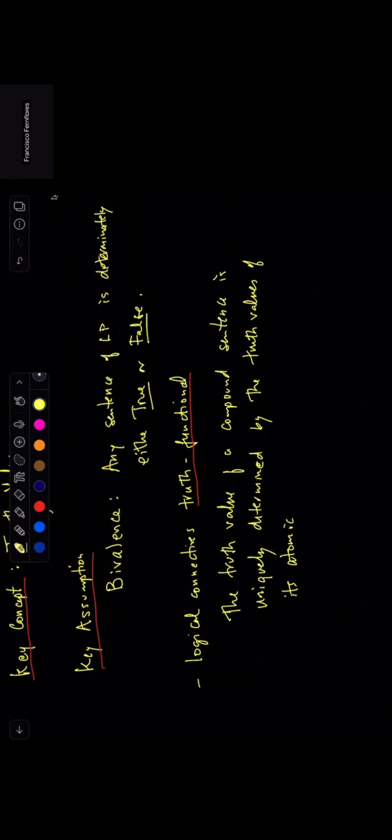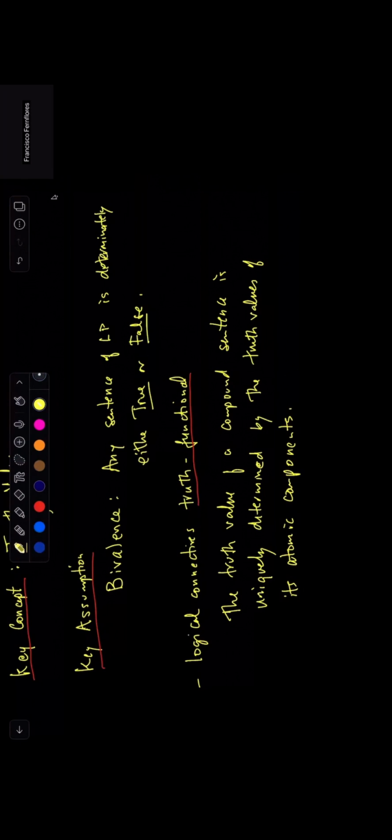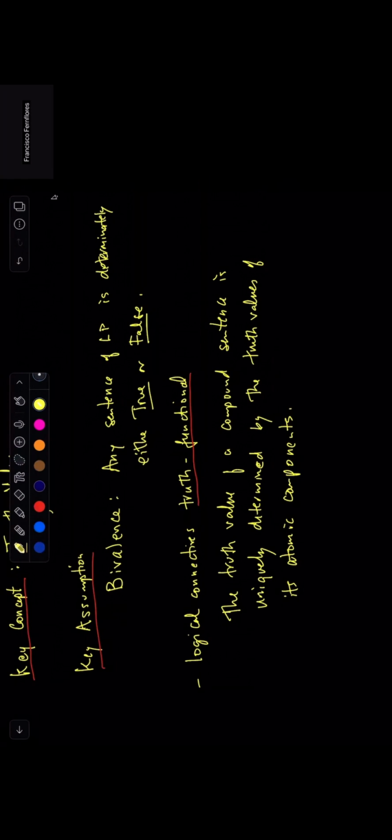And the language of function here is not accidental. Our logical connectives are truth functions in the mathematical sense of the word. They're mapping us from one set to another. Okay, so now what we can do is, with this key concept and this key assumption, and remembering that our logical connectives are truth functional, actually display the truth functions that our logical connectives codify. And in doing that, we're going to specify indirectly exactly what each one of our logical connectives means.